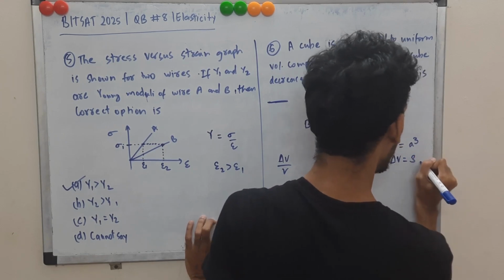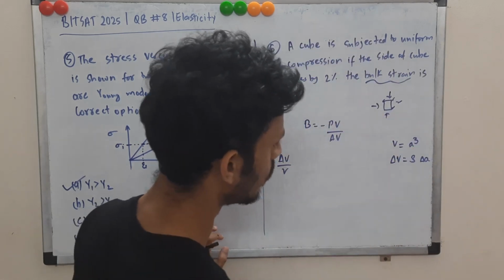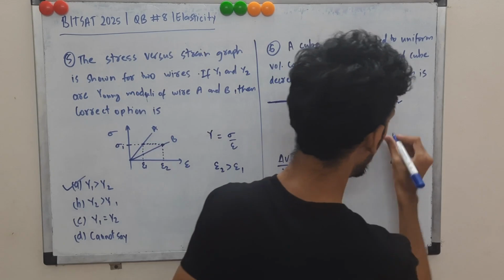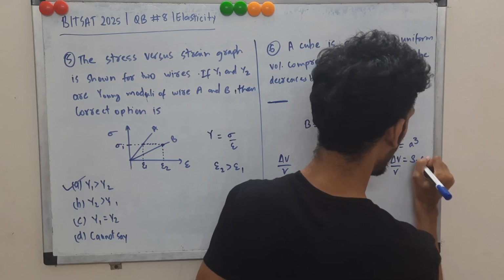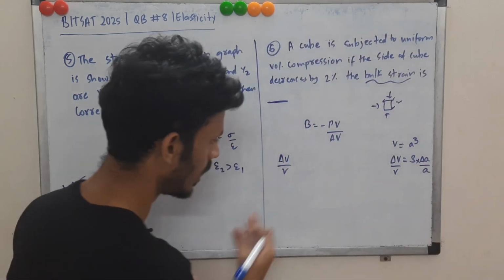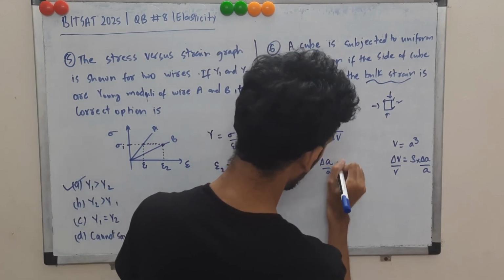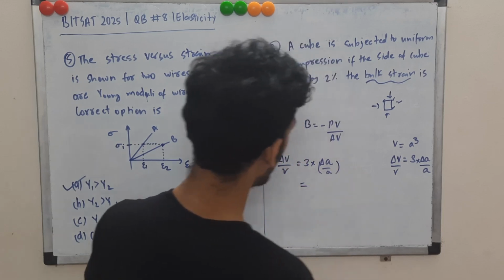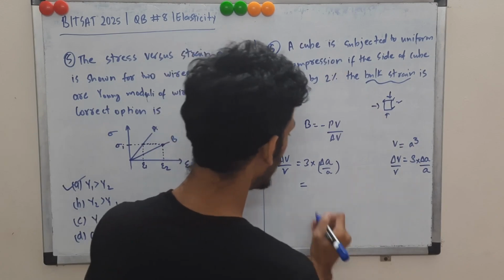This will give you 3 times delta A. Okay, the power law, right? 3 times. So the relative error in V is 3 times the relative error in A, right? The power law for errors. Okay, it's true for small errors, but here we'll consider this 2%, very small.